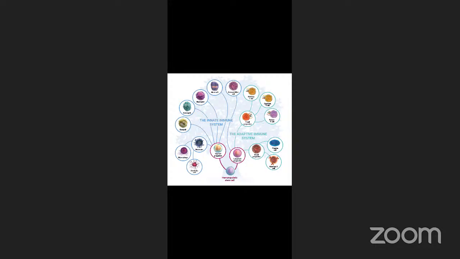And what is the function of the mast cell? Especially, it contains Fc receptors for immunoglobulin E. Whenever the immunoglobulin E antibody binds with this receptor, it gets sensitized the first time.